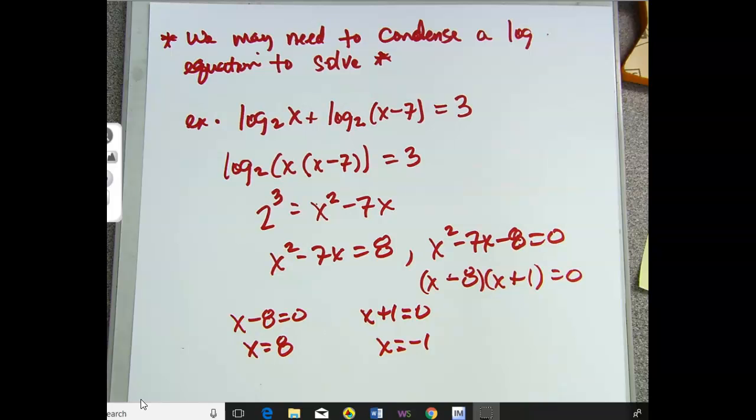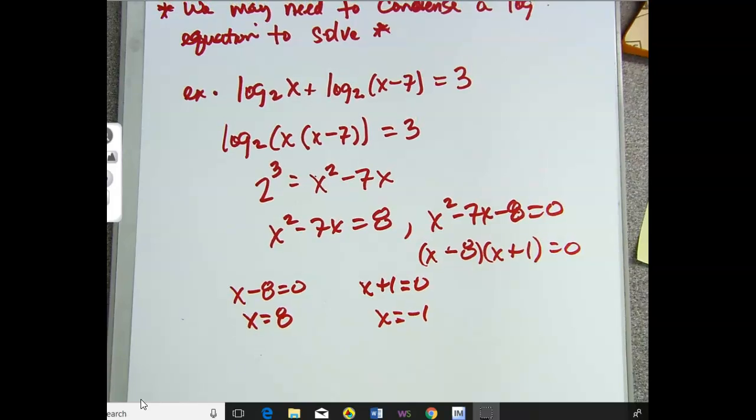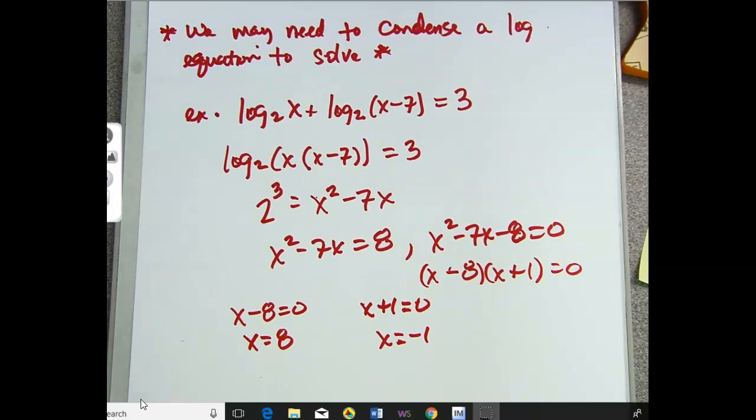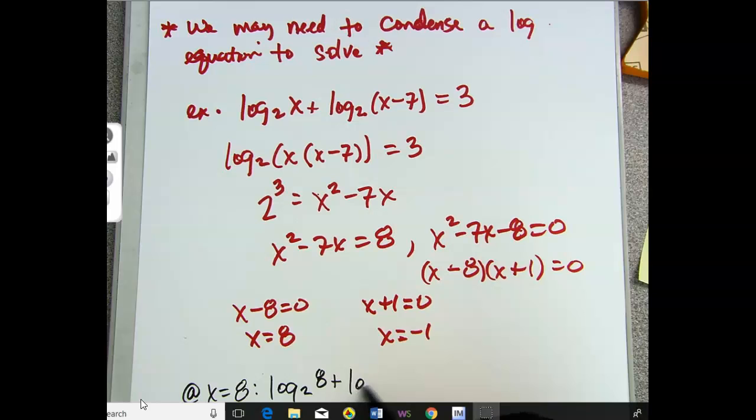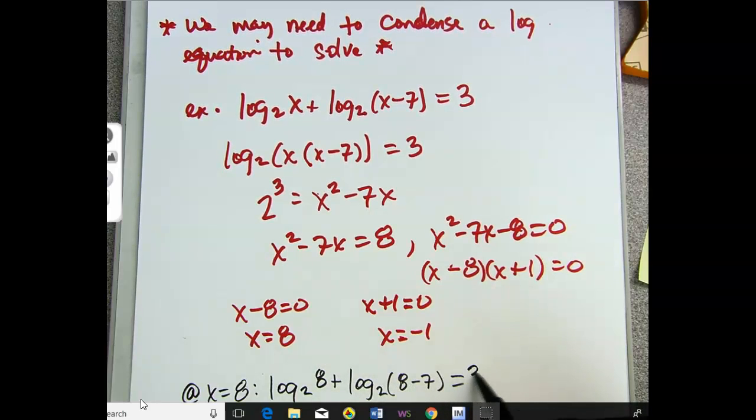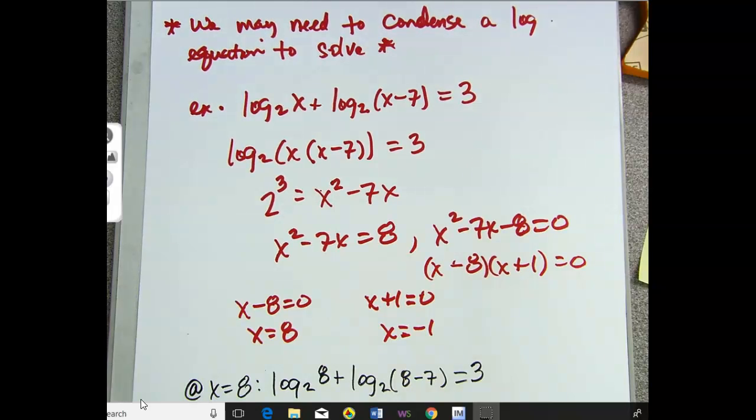Is it 8 and negative 1? Is it only 8? Is it only negative 1? We have to check. We have to plug it in to our original. So at x equals 8, we have log base 2 of 8 plus log base 2 of 8 minus 7. Is that equal to 3?